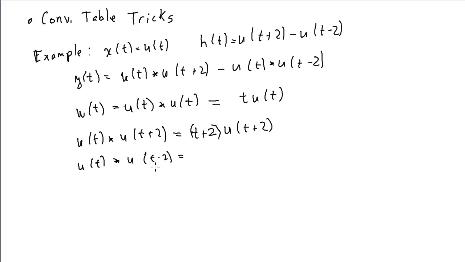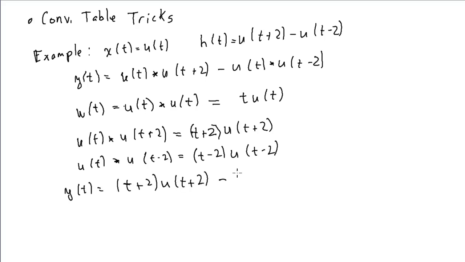Shifting either one of these functions shifts the output by the same amount. If both functions are shifted, I have to shift the output by the total shift. So in this case, t minus 2 u of t minus 2, and combining these two, the output is t plus 2 u of t plus 2 minus t minus 2 u of t minus 2.